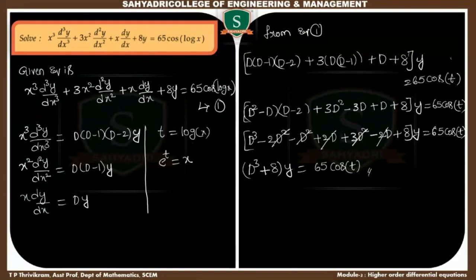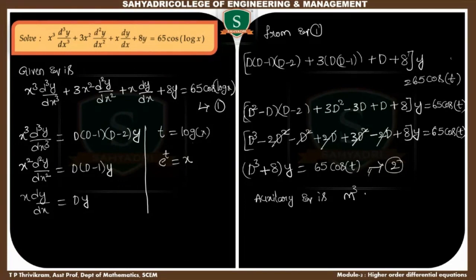Now take this as equation 2. Now we need to solve equation 2. So the auxiliary equation we need to find. The auxiliary equation is m cube plus 8 is equal to 0. We can write this also as m cube plus 2 cube is equal to 0, as 2 cube is 8.